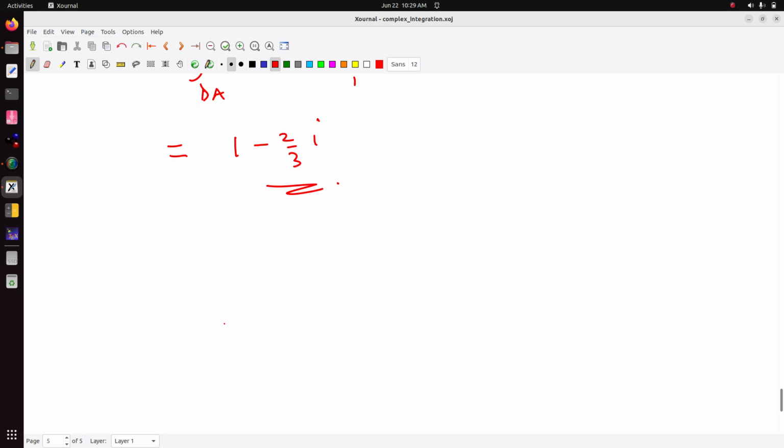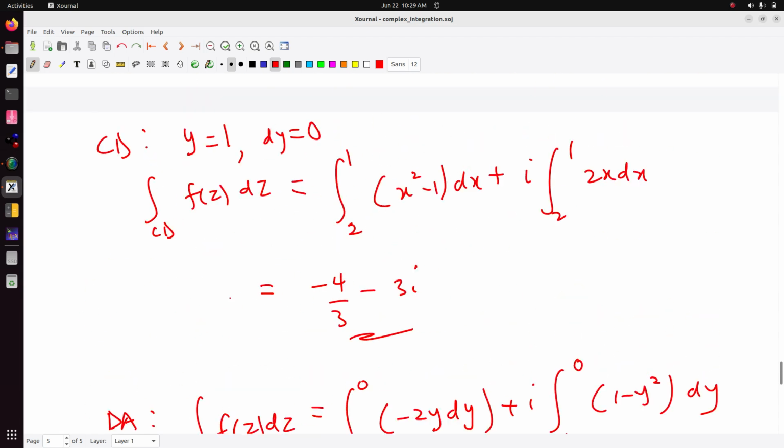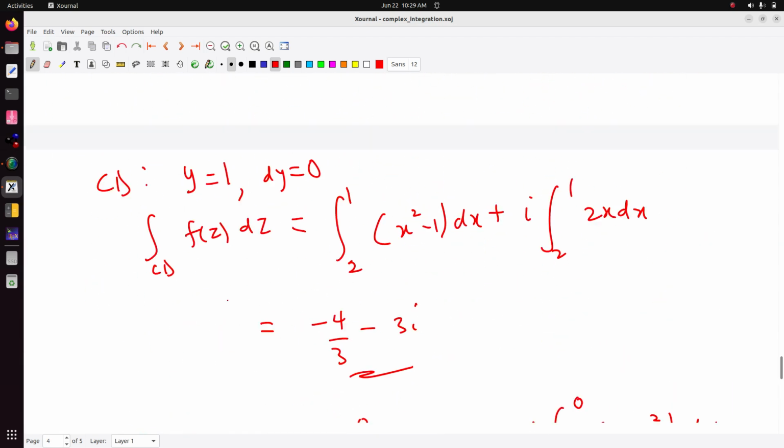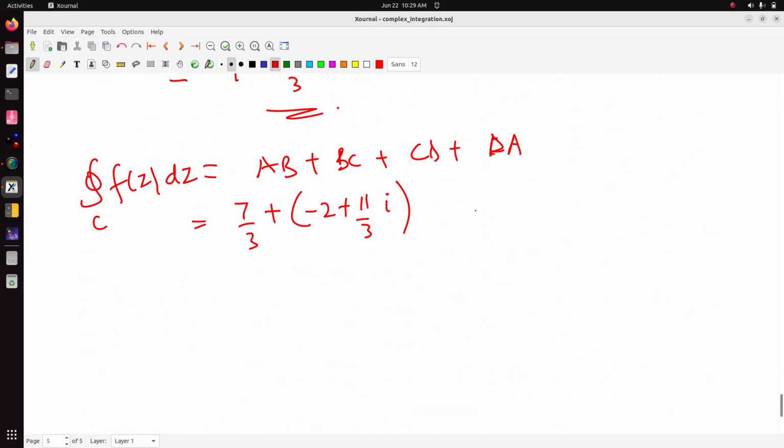Now you collect all the terms together. The integral of the function given will be at AB plus at BC plus at CD plus at DA. At AB we got 7 over 3. Then at BC we got minus 2 plus 11 over 3 i. Then at CD we got minus 4 over 3 minus 3i.